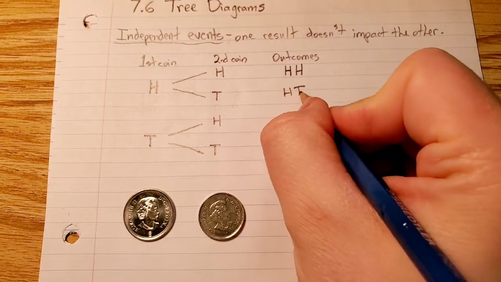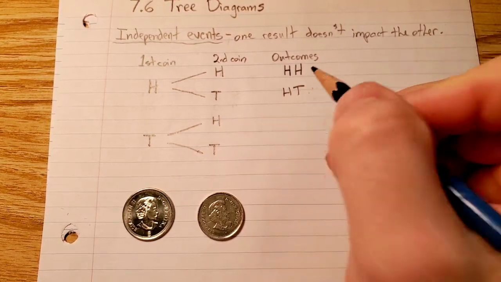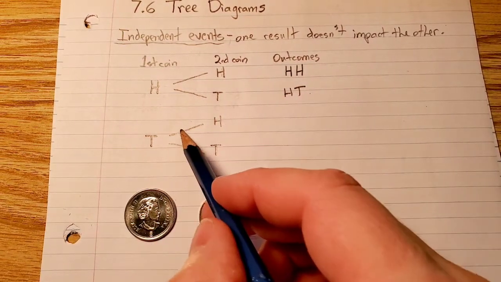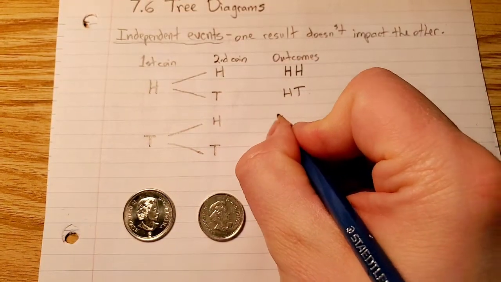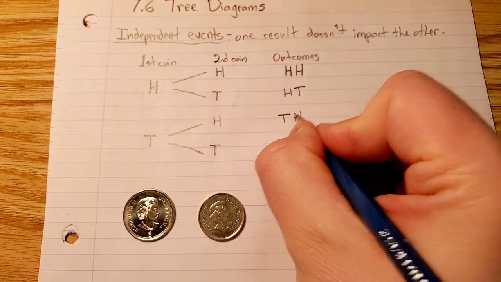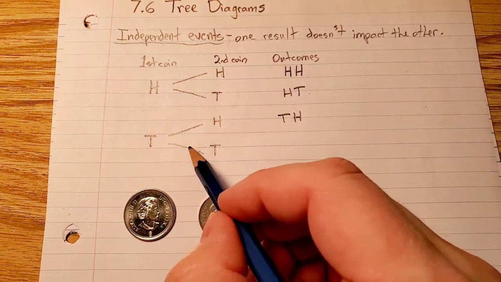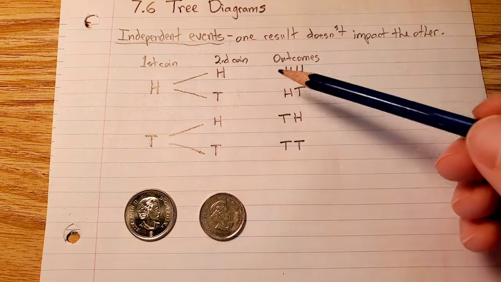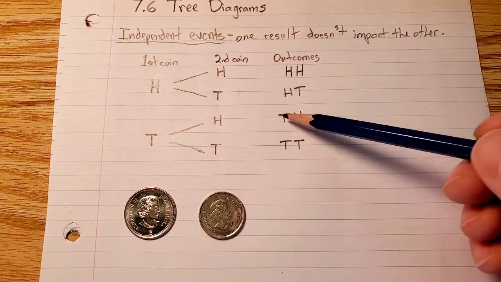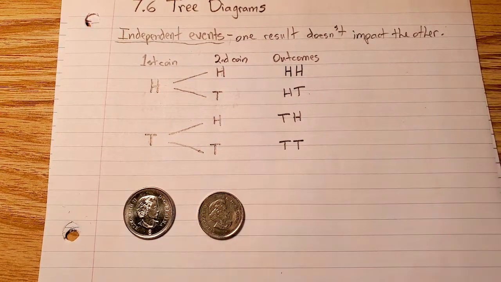So there's one of these here that would be heads and then tails. Moving our way down to our 4th line, tails and then heads. And then finally, tails, then tails. There's 4 different outcomes that could happen. Both heads, heads, tails, tails, heads, and both tails.